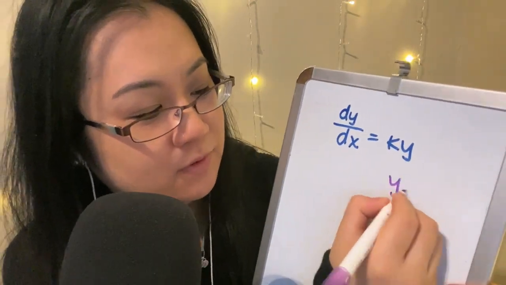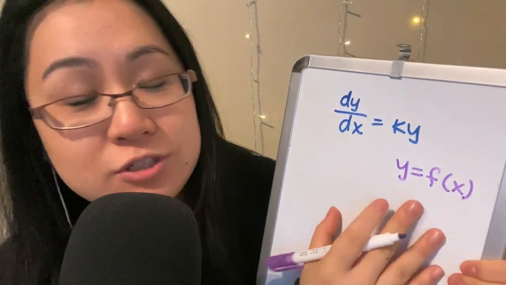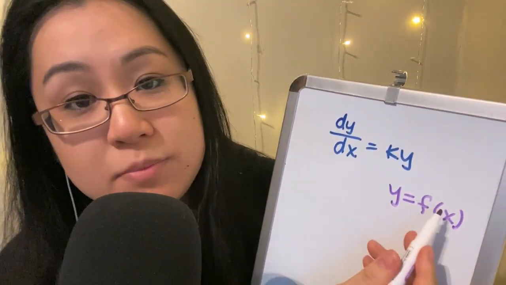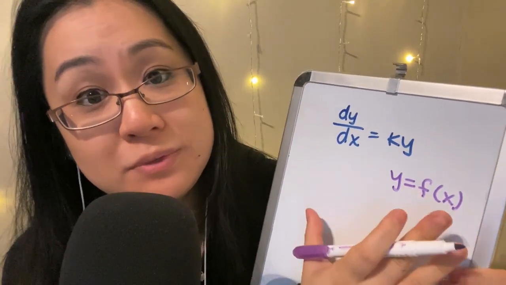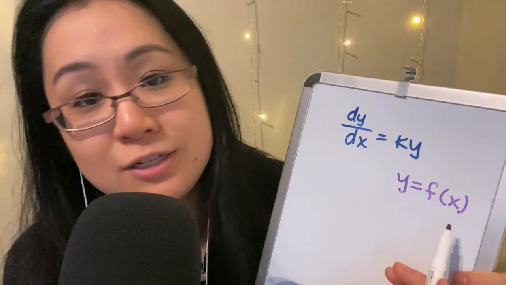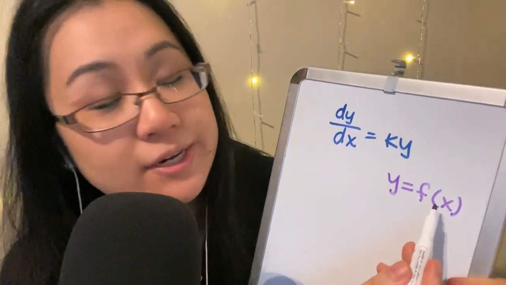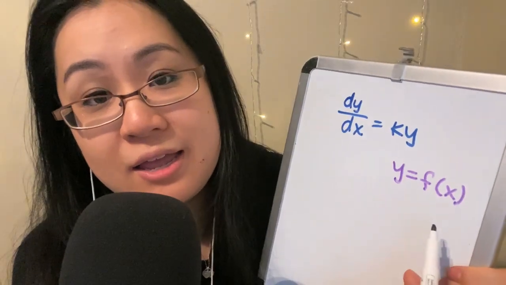So remember how functions are. X is an input, y is my output, and the function tells us how they are related. So a function of x could be like 3x squared plus 5x. It could be sine x.